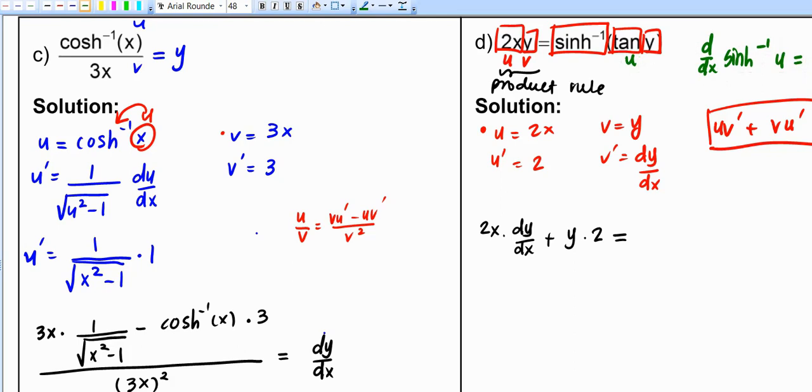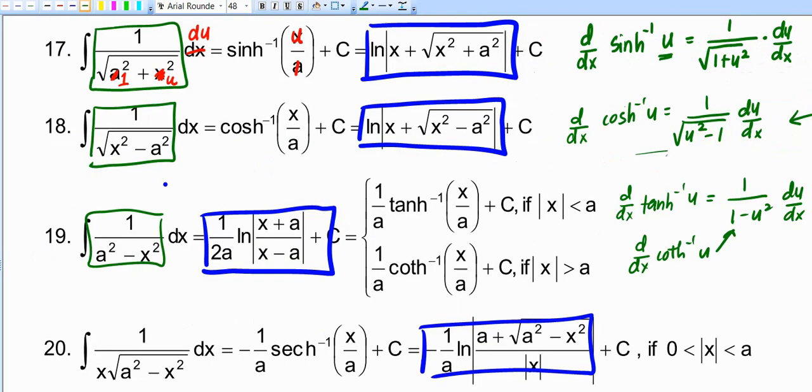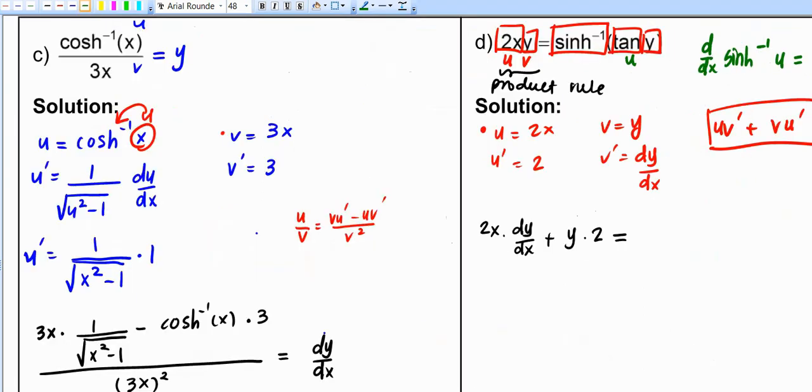Look at your appendix: you get 1 over square root of 1 plus u squared, times du dx. Copy the formula first. When we differentiate the sine inverse, you get 1 over square root of 1 plus u squared, where our u here equals tangent y.